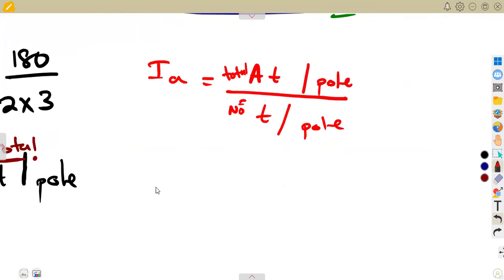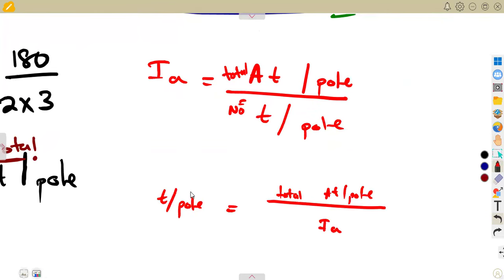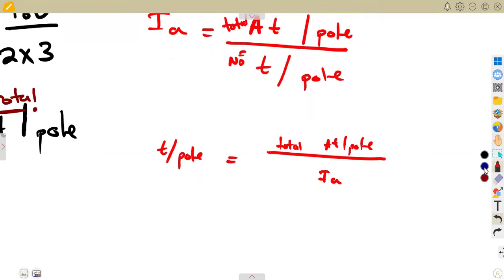So in order for you to have this, which is the number of turns per pole, you cross multiply, then you divide. So it is going to be the total ampere turns per pole that you calculated from a compole over what? Over the armature current. So you divide by the armature current.